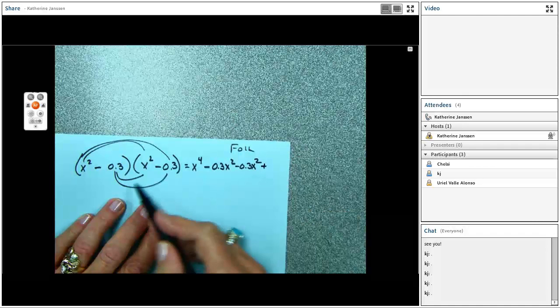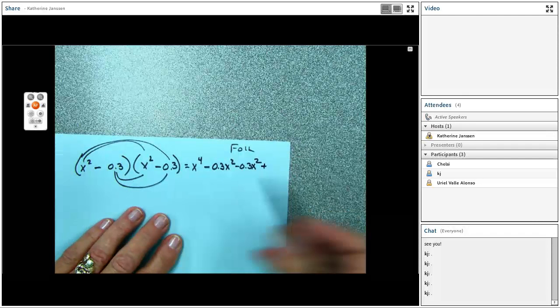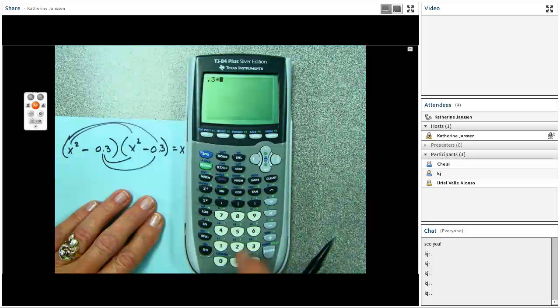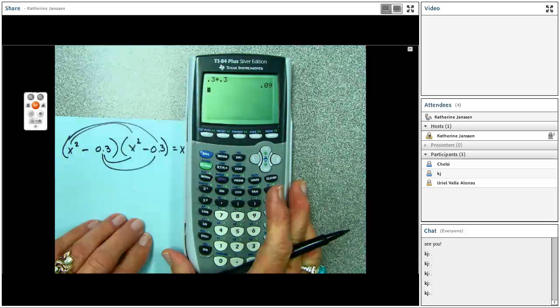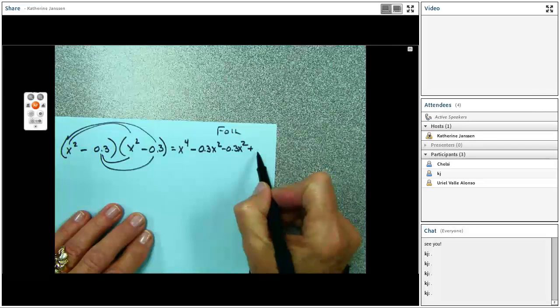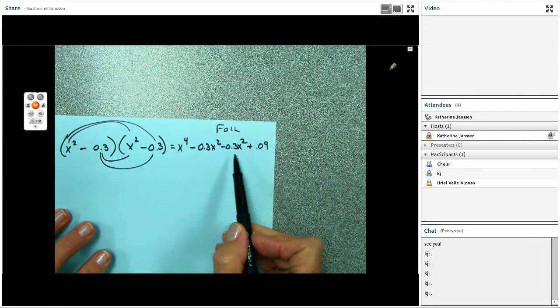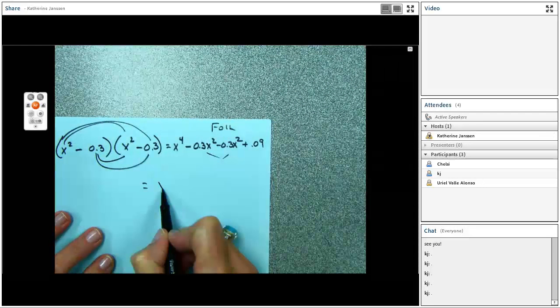And 0.3 times 0.3 is, just be careful there, 0.3 times 0.3 is 0.09. You have those two decimal places to take care of. And with FOIL, we always look to see if we can collect like terms.